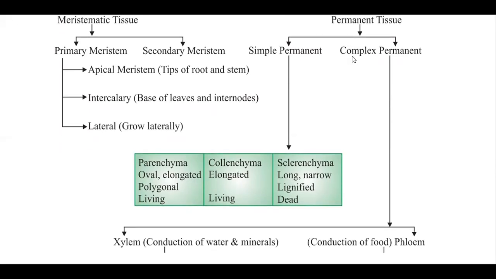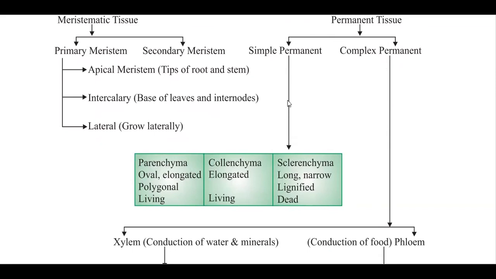Okay, now the simple permanent tissue is further divided, means they are the epidermal cells होते हैं उसके अंदर cork होते हैं, उसमें तुम्हारा अलग अलग तरह के tissues होते हैं. And then after we are going to study the complex permanent tissue. Complex is going to have the xylem and phloem. So now we are going to study the parenchyma, collenchyma, and sclerenchyma.